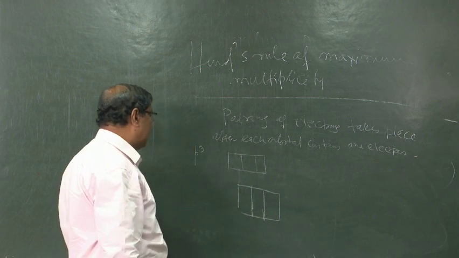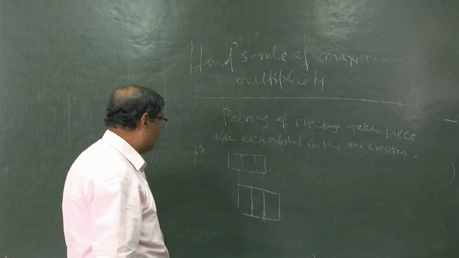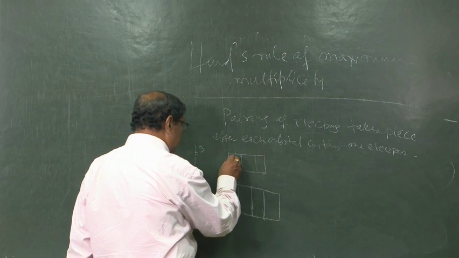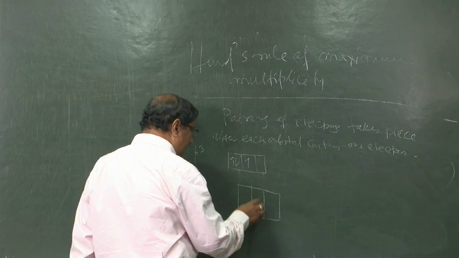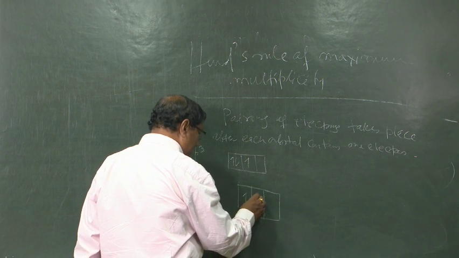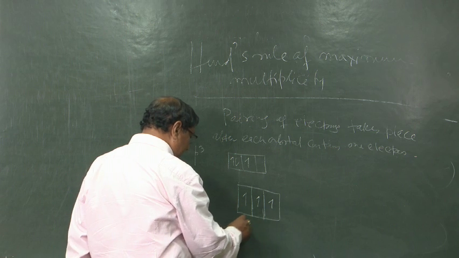Pairing only starts after each orbital contains 1 electron. Suppose p3, we can write it this way, or this way, or this way.